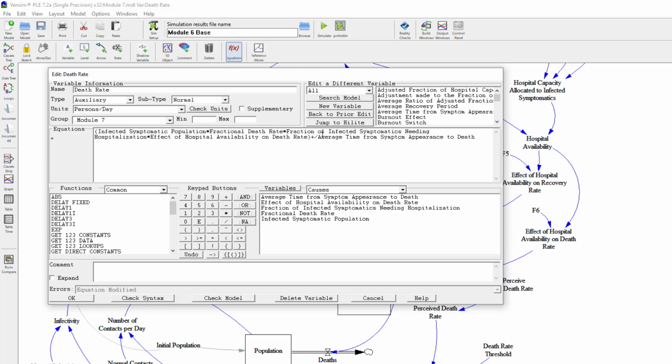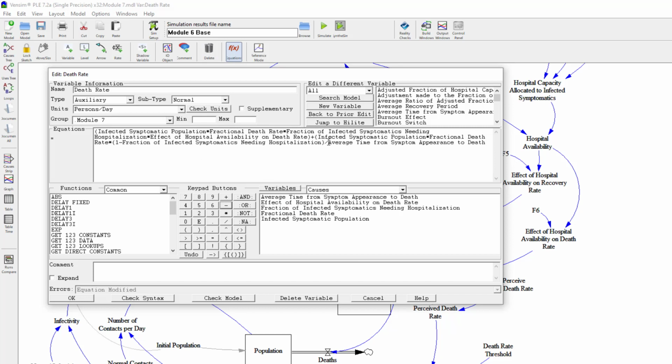And we're going to add that to infected symptomatic population who are going through the death rate pipeline. So it's going to be fractional death rate multiplied by 1 minus fraction of infected symptomatic needing hospitalization.